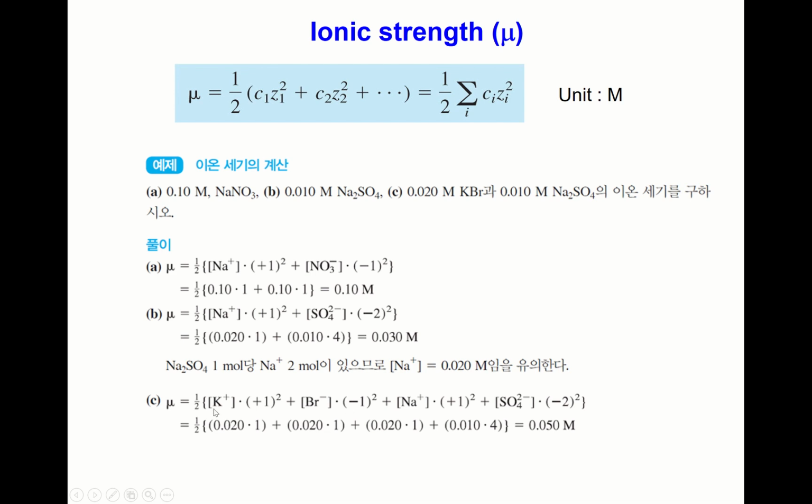From the definition of ionic strength, you write it this way. The potassium ion concentration is the same as this molar concentration, and bromide is also the same, but for sodium sulfate, the sodium ion concentration is twice this molar concentration, so 0.02. After calculation you get 0.05 molar ionic strength.